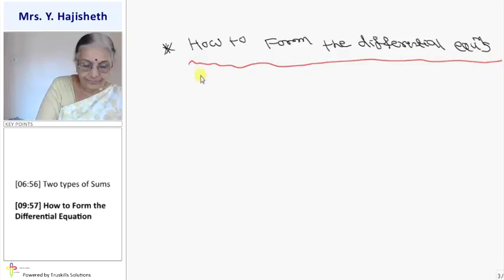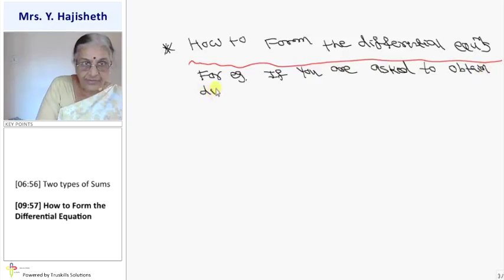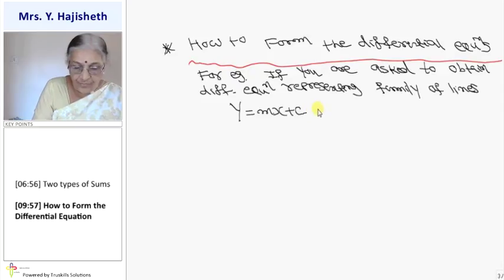For example, if you are asked to obtain the differential equation representing the family of lines y = mx + c, where m and c are two arbitrary constants.